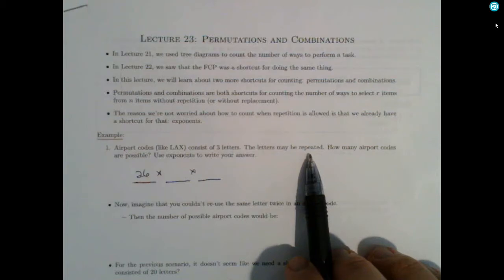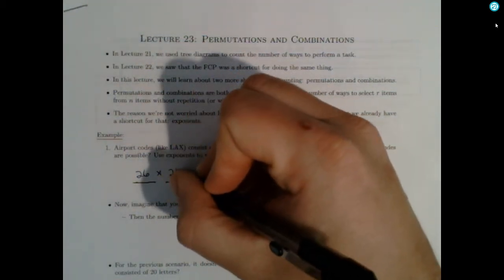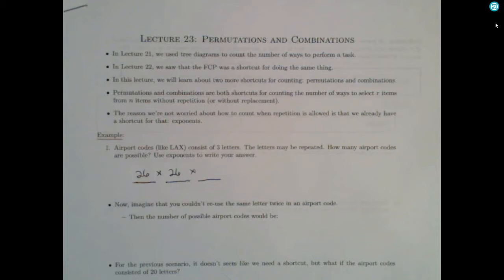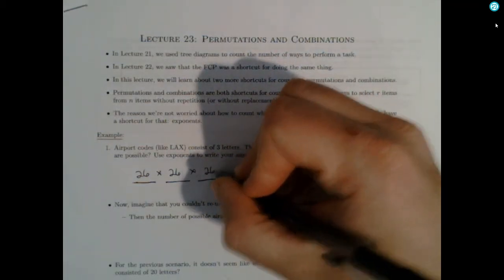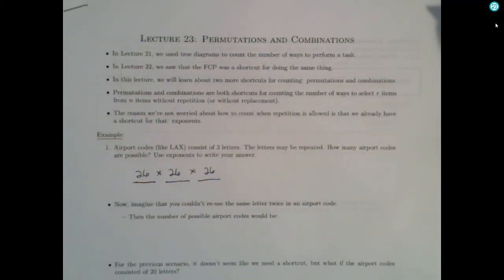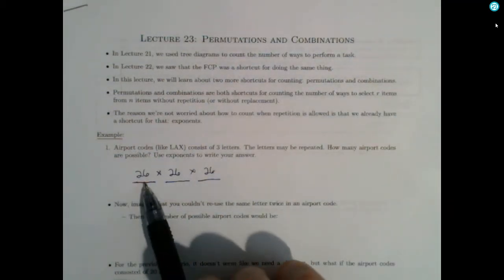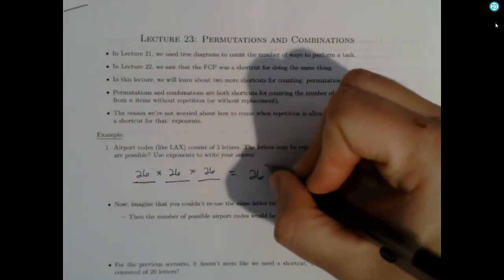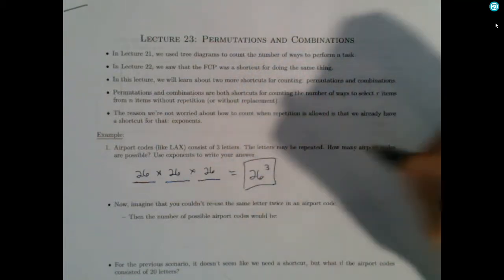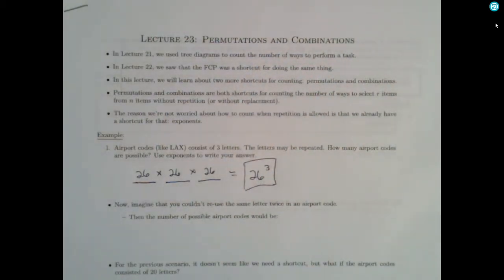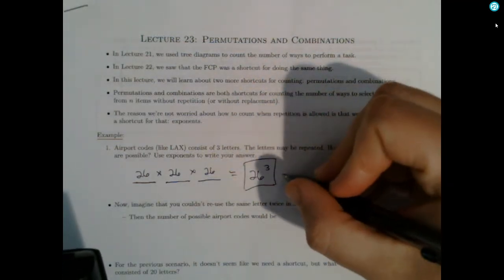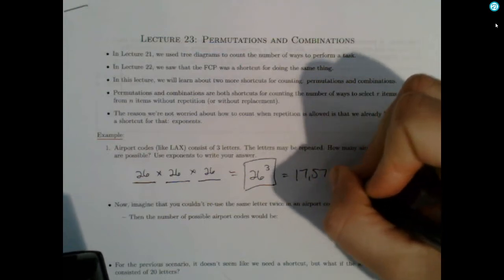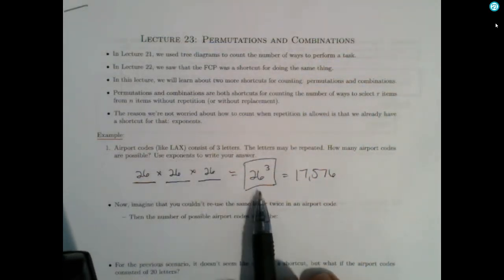And since letters can be repeated, I still have 26 letters left over for the second letter in my code, and then I'll still have 26 letters left over for the third letter in my code. Now, 26 times 26 times 26 is just 26 cubed, right? It's 26 to the third power. If you're interested, 26 to the third power is 17,576. But we were asked to use exponents to write our answer.